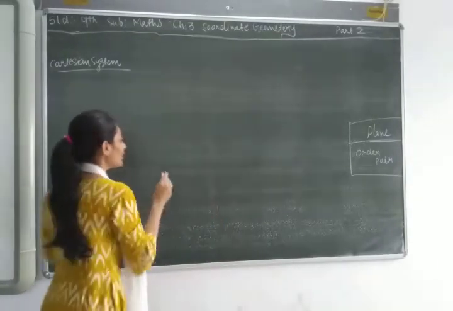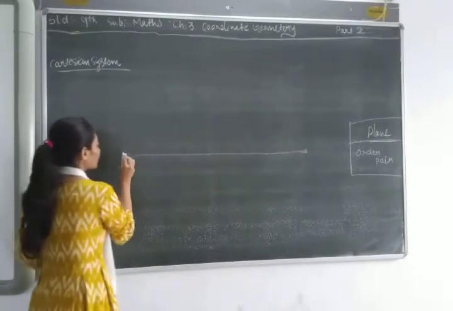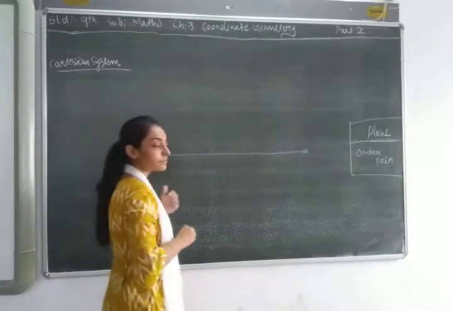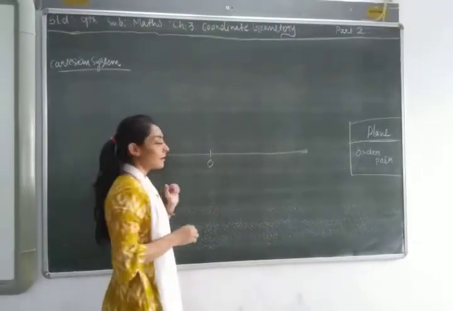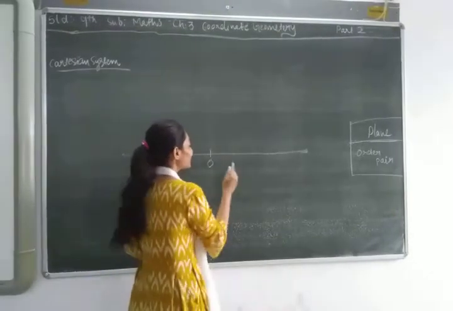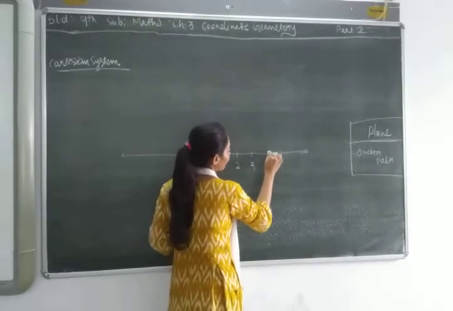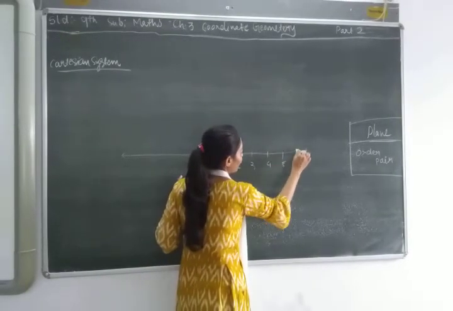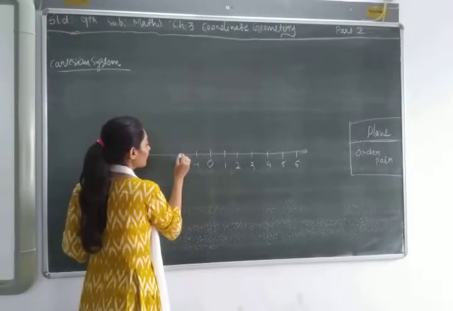Somewhere is 0, on the right hand side all the positive numbers, and on your left hand side all the negative ones.